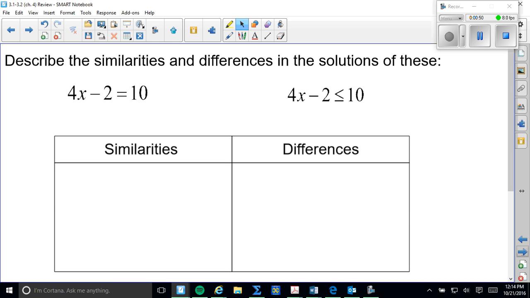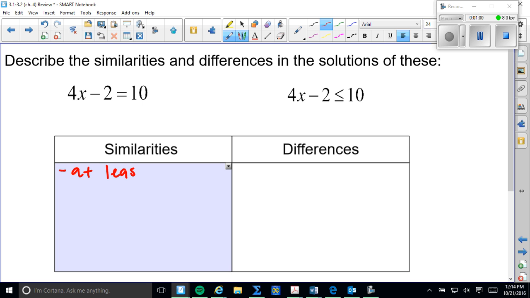Hopefully, you remember from equations and inequalities that they're going to have at least one same answer. You also solve these the same.